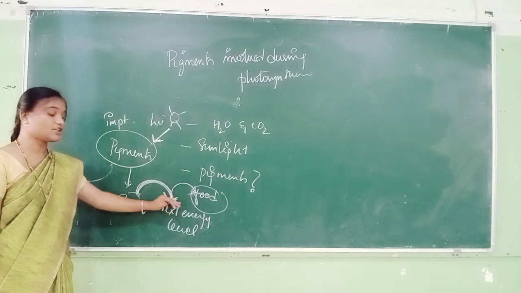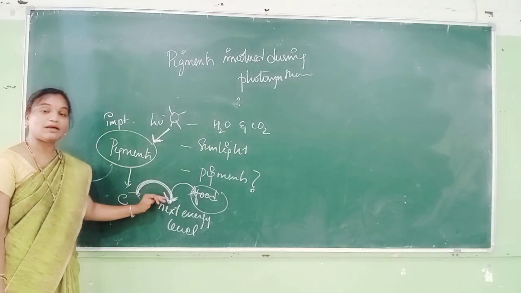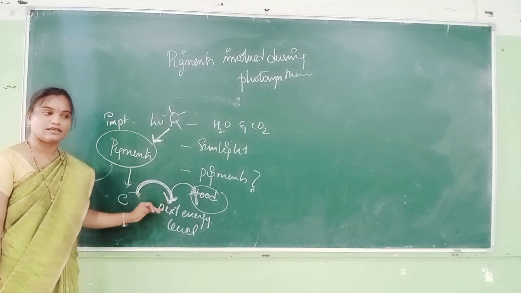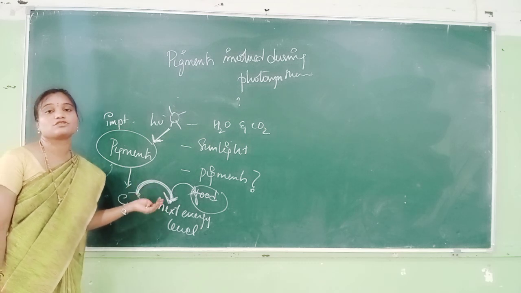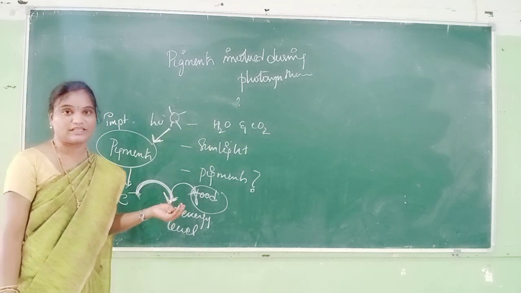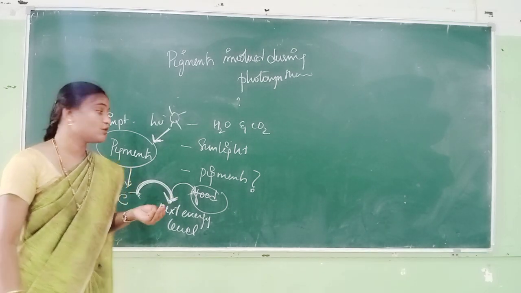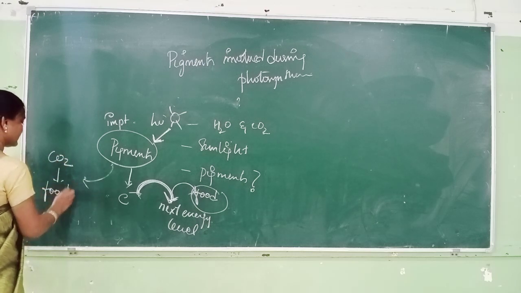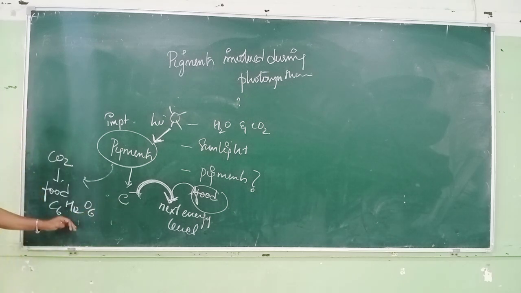So during this jumping from ground state to excited state, some amount of energy is released. This energy is utilized by the pigments in order to synthesize ATP and NADPH molecules. So these formed chemical compounds will reduce carbon dioxide to form food for the plants, that is C6H12O6, right? So this is the glucose form, this is the food for your plants.